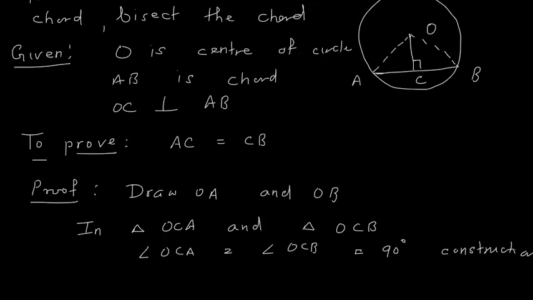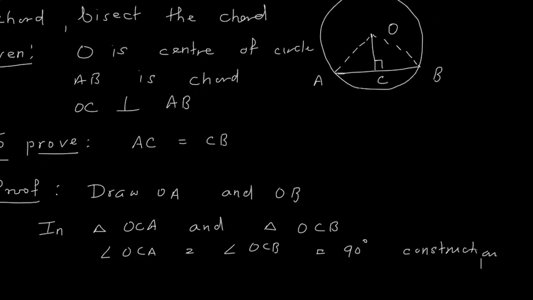Then side OA. Now as this angle is 90 degree, this side OA and this side OB are considered as hypotenuse. They are radius of same circle.